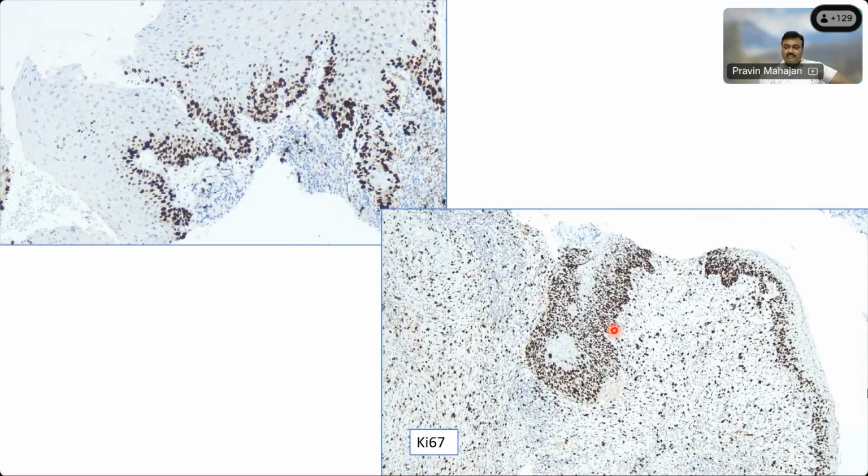In dysplasia, depending on the type, mild, moderate or severe, the Ki-67 extends upward. In severe dysplasia, the Ki-67 labeling index takes up all the layers of cells. So it's a good marker if you are confused whether it's dysplasia or reactive changes.